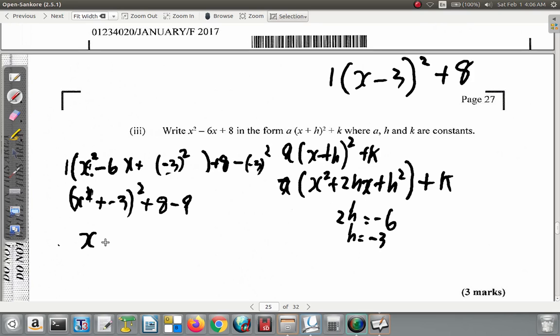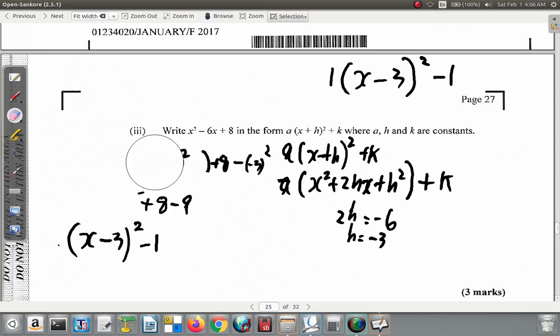It's just x minus 3 squared. 8 minus 9 is minus 1. Good. Minus 1. So correcting this here, it would be (x minus 3) squared minus 1. So we can test it again and see if everything works out.